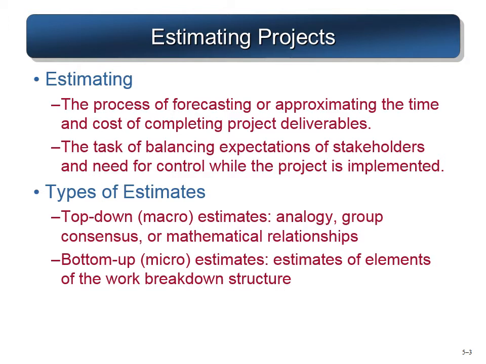In the top-down approach, we try to find out the cost of a similar project done elsewhere, or maybe develop a mathematical relationship by which we understand. Again a macro level estimate. It's not very detailed, but you understand the overall cost of the project. So this is the top-down approach.